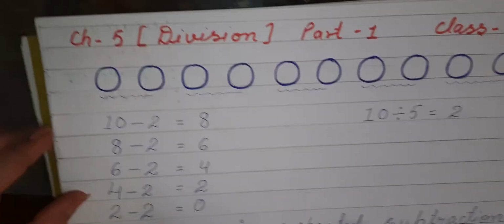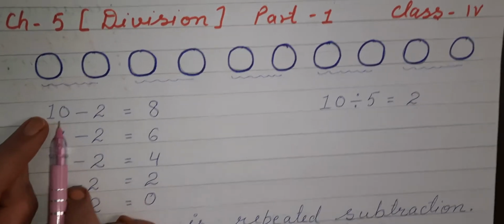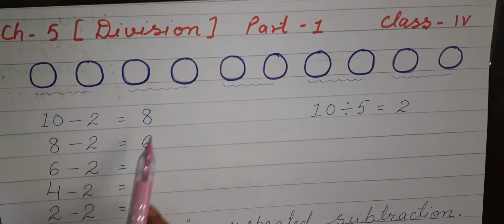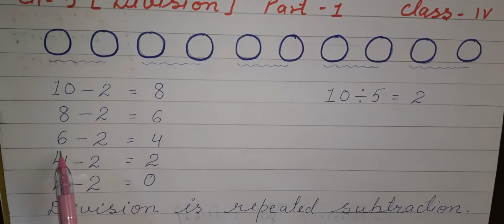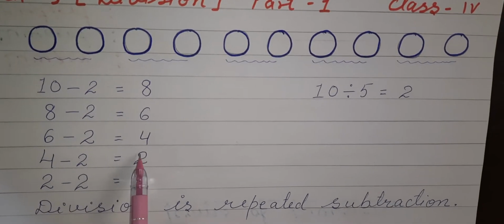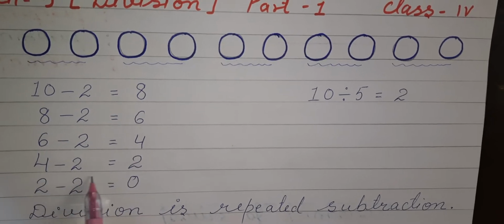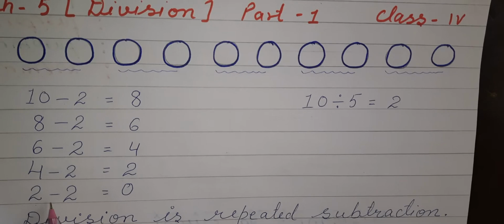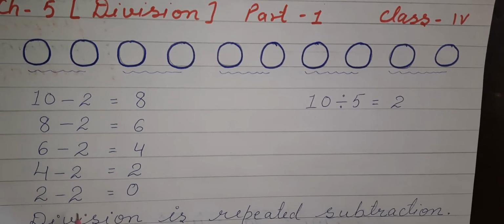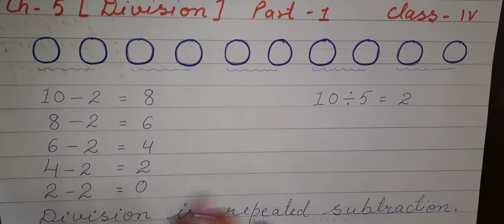Okay, see, 10 minus 2, 8. 8 minus 2, 6. 6 minus 2, 4. 4 minus 2, 2. And at last 2. And I gave 2 marbles to my friend. So I have no marbles.